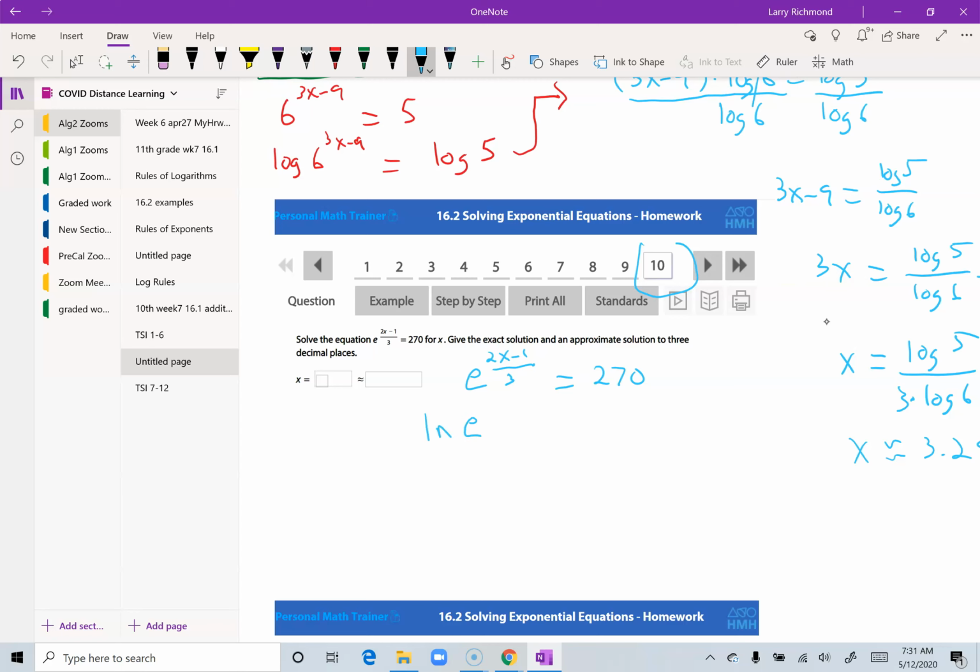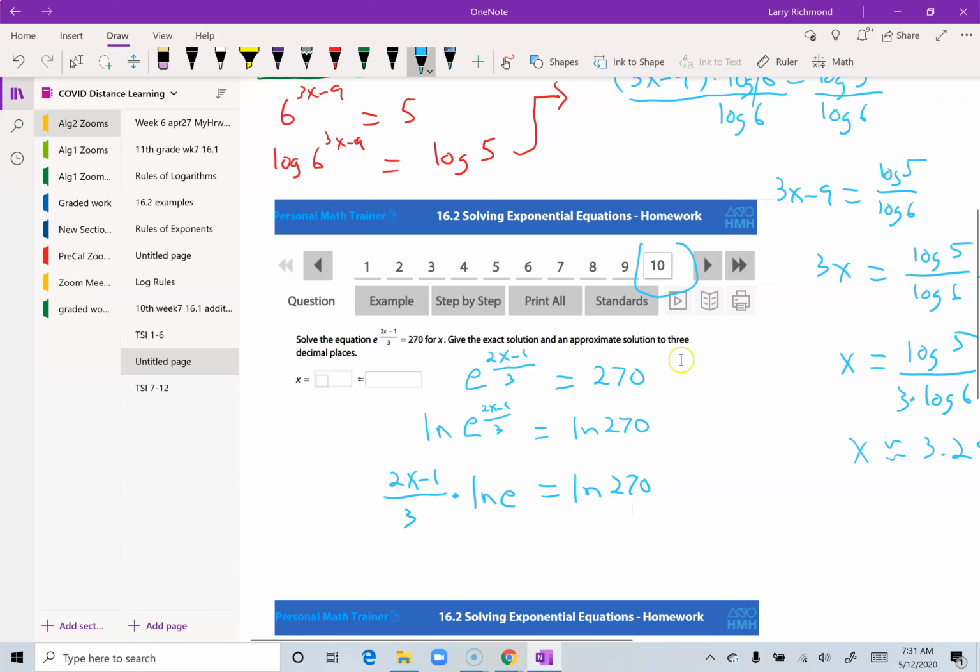Ln of e to this particular power, 2x minus 1 divided by 3, equals ln of 270. Now rule 3 says we'll bring that exponent out in front. We have 2x minus 1 over 3 times ln of e equals ln of 270.